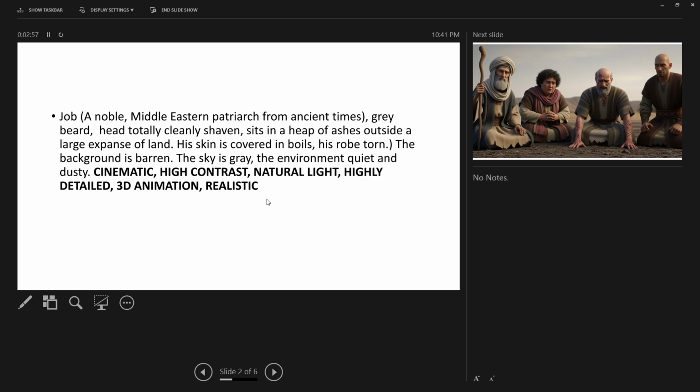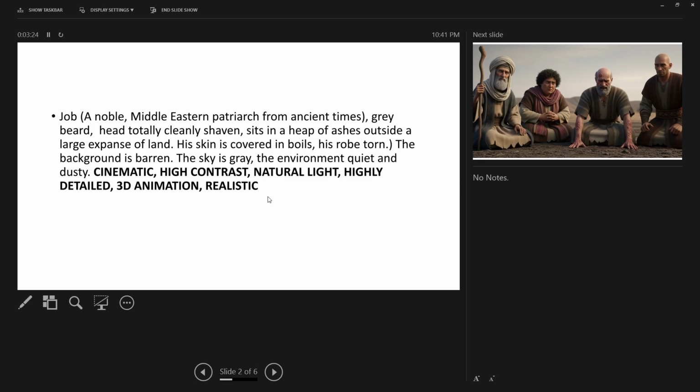His skin is covered in boils, his robe torn. The background is barren. The sky is gray. The environment is quiet and dusty. And then I added tags and action points: cinematic, high contrast, natural light, highly detailed, 3D animation, realistic. So this is the prompt that generated this.